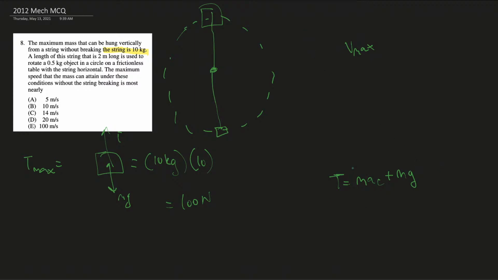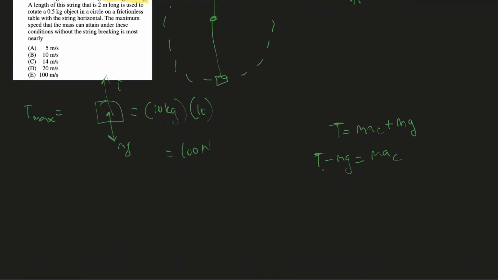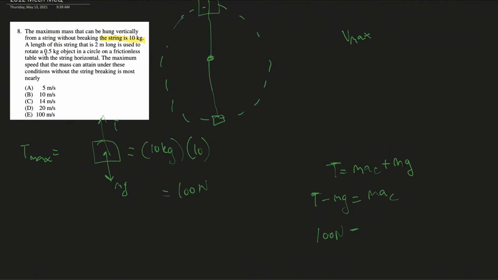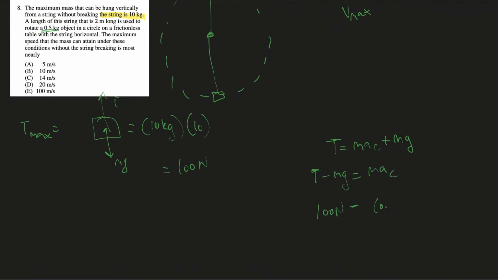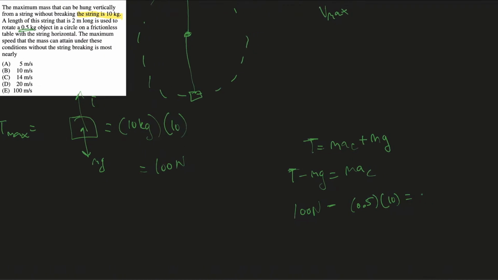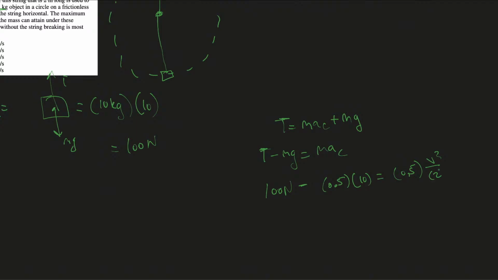So in this case, we can rewrite this equation as tension minus mg is equal to m a_c, which would imply that tension is 100 newtons minus the object that we're rotating has a mass of 0.5, so we have 0.5 multiplied by 10 is equal to 0.5 times v squared over r, and the r that we're spinning it about is 2.